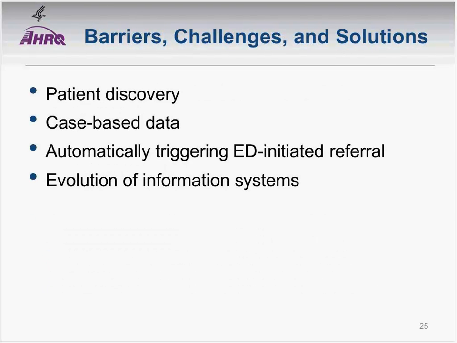The work is incredibly interesting from an informatics perspective because poisoning is such a unique use case. Patient discovery, for example, this is very basic in any health information exchange process. Patient discovery isn't possible on the basis of the data currently collected during calls to the Poison Control Center. We've had to actually modify the nature of the information collected by the Poison Center to enable successful PD calls.